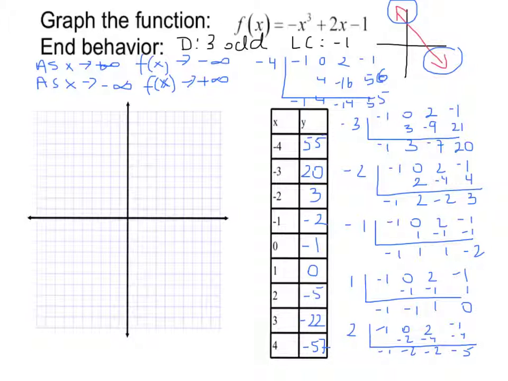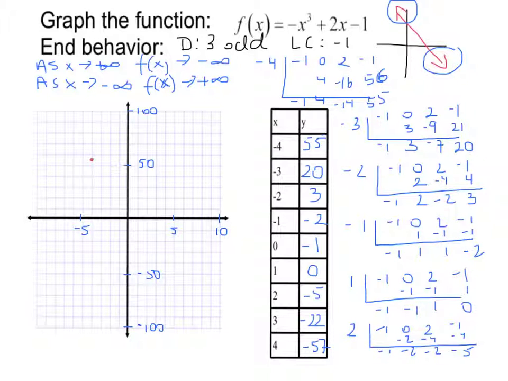So I'm going to go by ones on the x-axis and by tens on the y-axis so that I can fit all my numbers. The first ordered pair I graph is -4, 55.